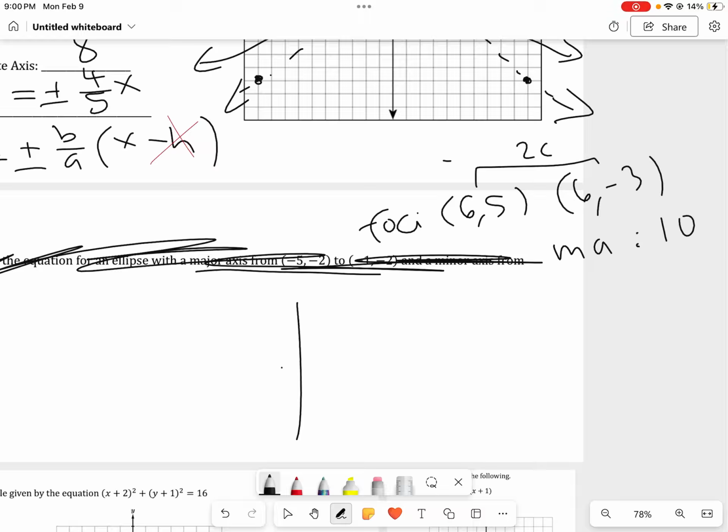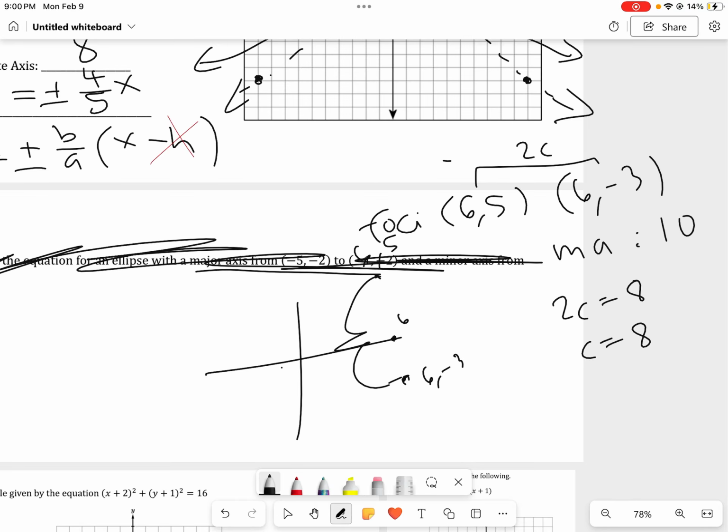When we plot this, the x number is 6. It's going to be 6, -3 here, and 6, 5. So this distance is 2c, or 5 plus 3, 8. So 2c equals 8, c equals 4. We have our major axis, which is 10.